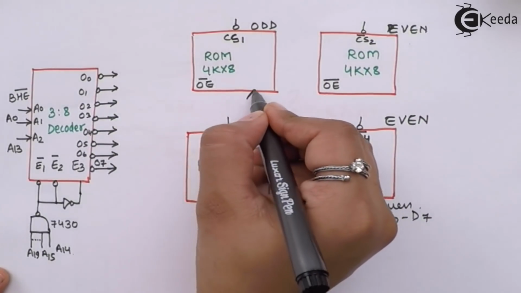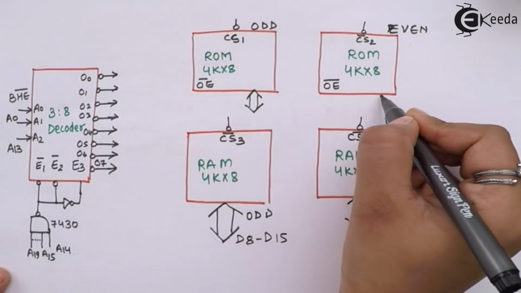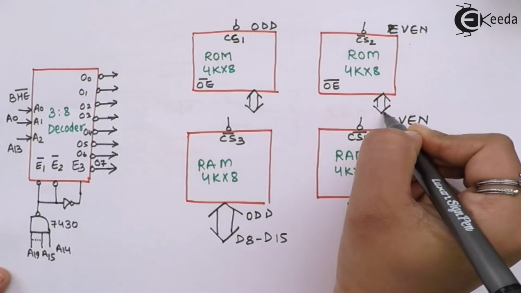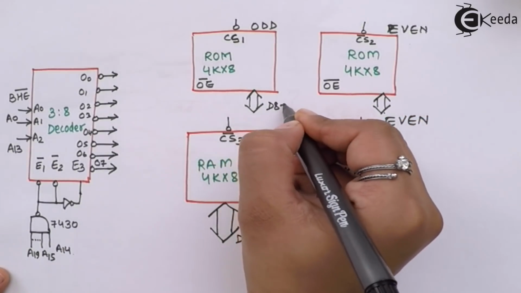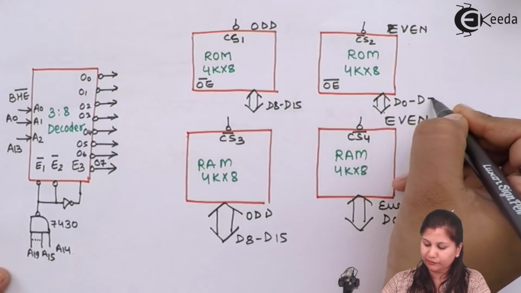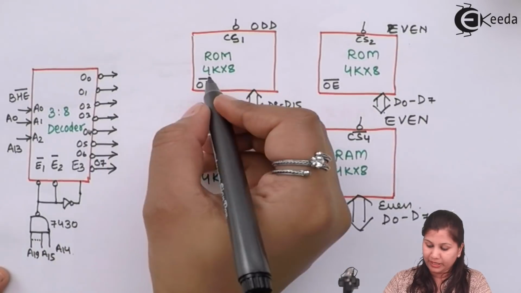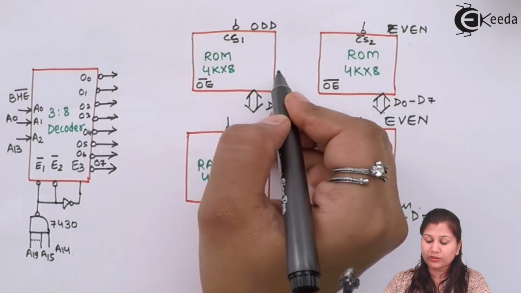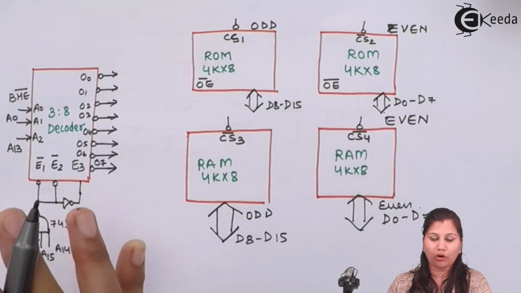Here also D8 to D15 for the odd and D0 to D7 for the even. Then the ROM is only for the read operation.